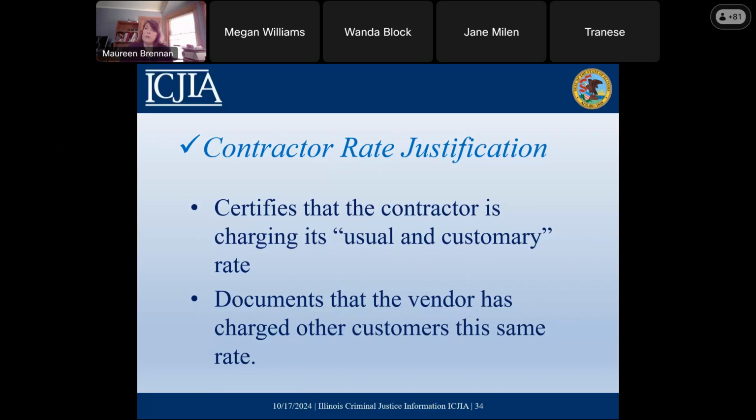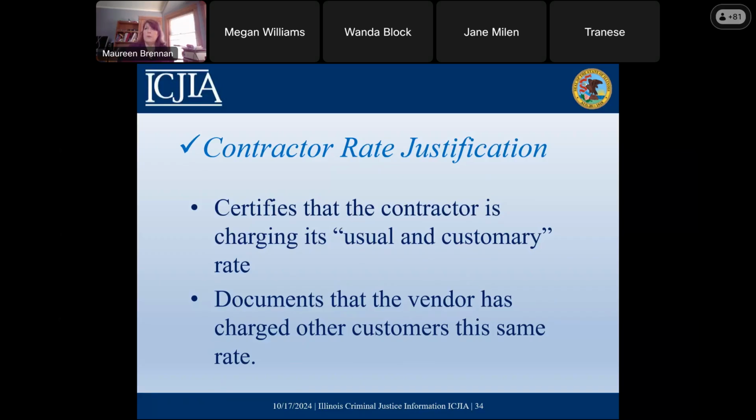So contractors can only charge you what their usual and customary rate is. And so we will often ask for documentation that backs up that this is the contractor's usual and customary rate.